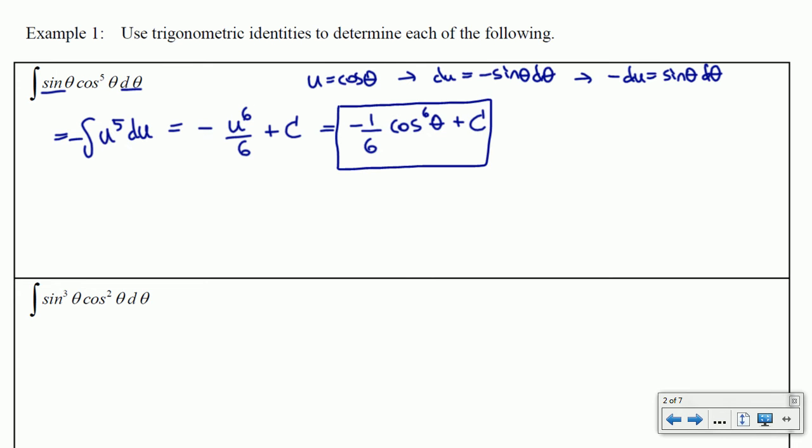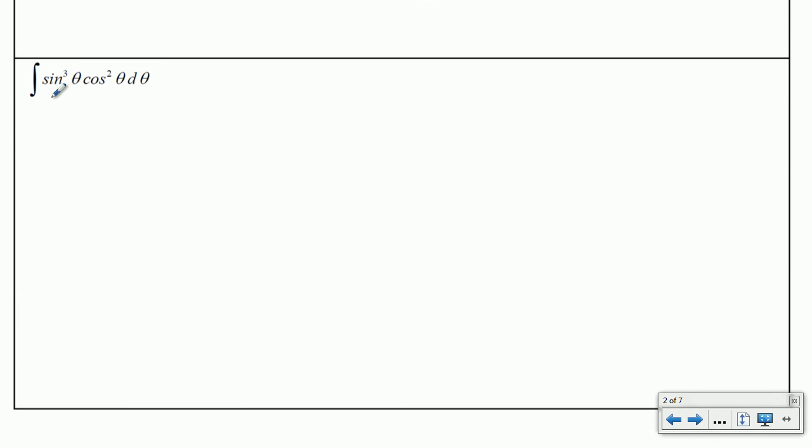Now for the next one. So here we have sine cubed cos squared. We could maybe try expressing that as 1 minus sine squared. Let's see where that takes us. So sine cubed theta, 1 minus sine squared theta, d theta. And I guess we could distribute this sine cubed in.